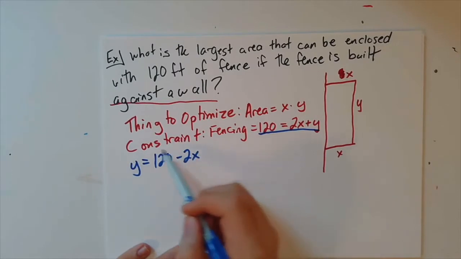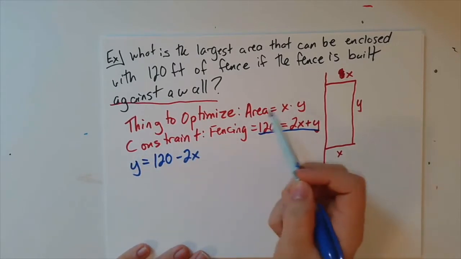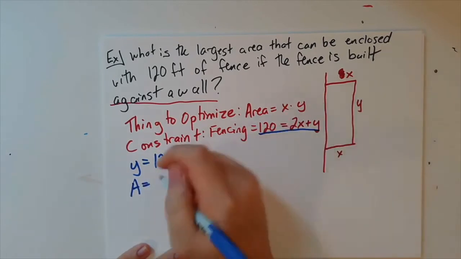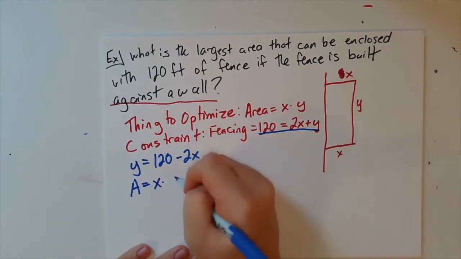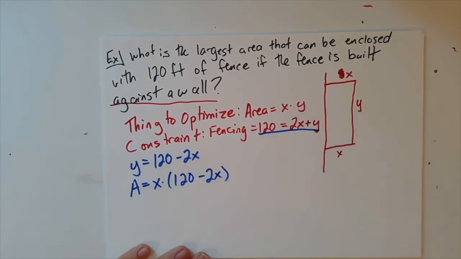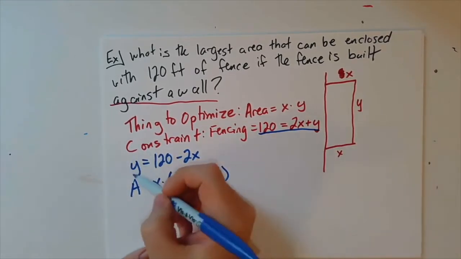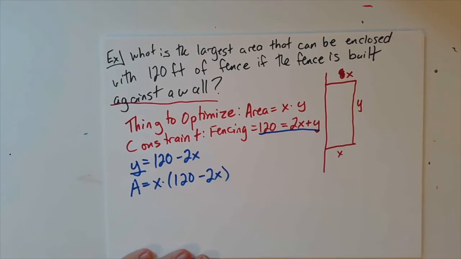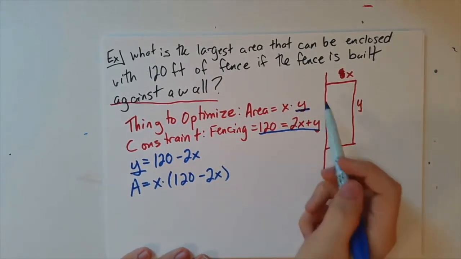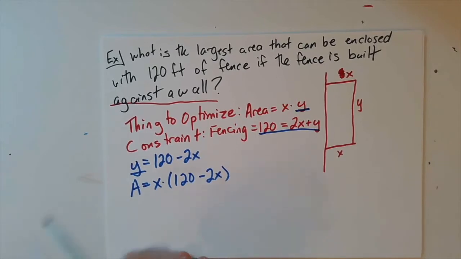Then I plug that into the thing to optimize, which gives me that the area is x times 120 minus 2x. All I did there was plug in 120 minus 2x for y.